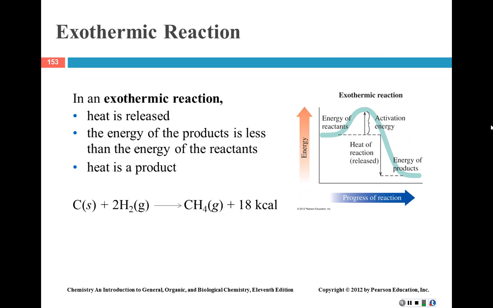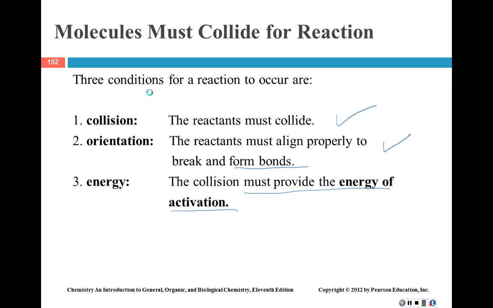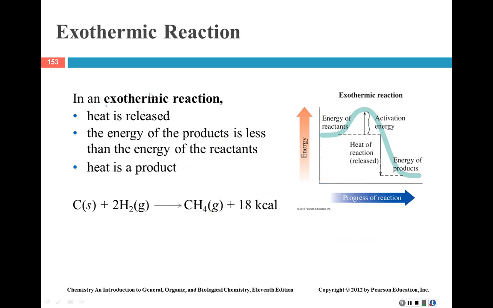And so there's two basic types of reactions as far as energy goes. The first is called an exothermic reaction. The exothermic reaction is when heat is released. Something gets hot. The energy of the products in this particular type of reaction is less than the energy of the reactants.